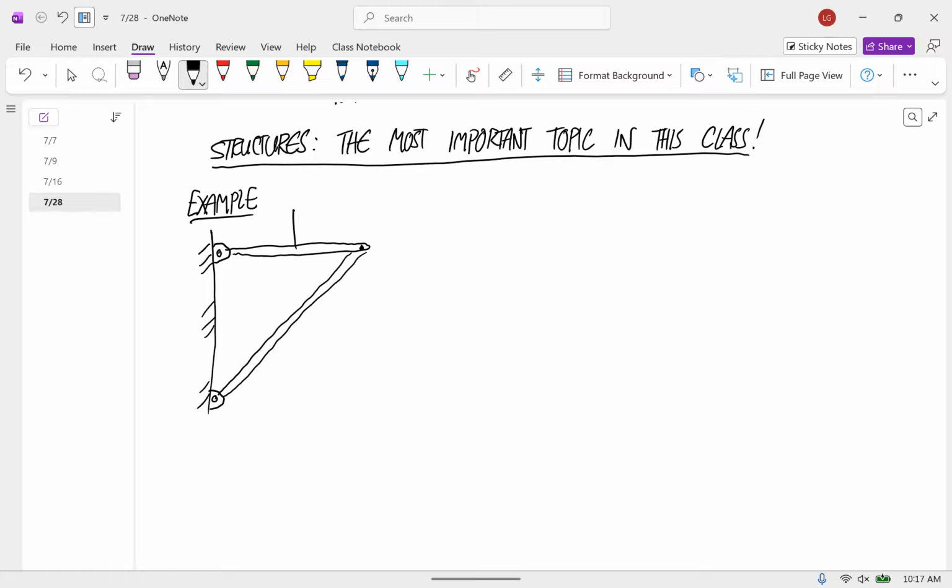And then at the midpoint of this one, we have a downward force of 300 newtons. At the pin, we have a force of 200 newtons, and it makes an angle of 10 degrees with the horizontal.